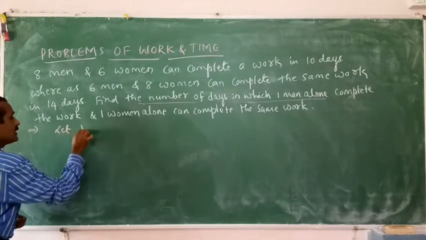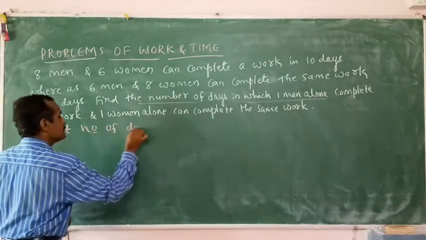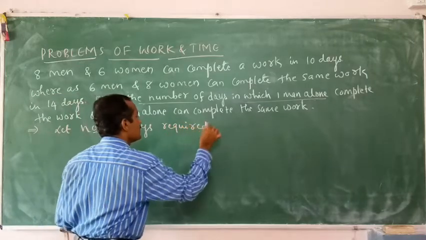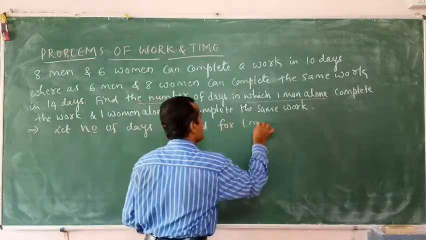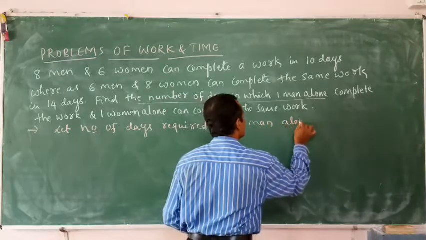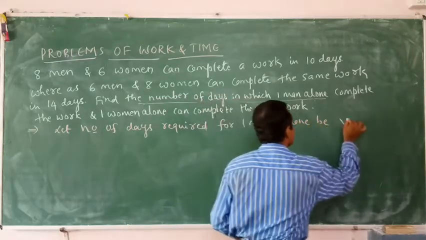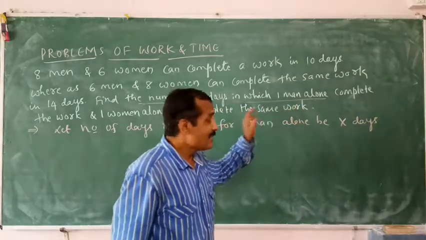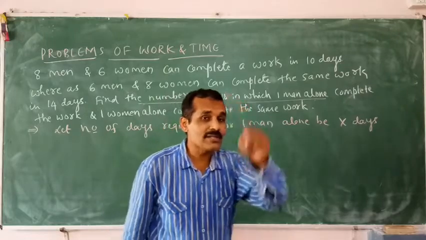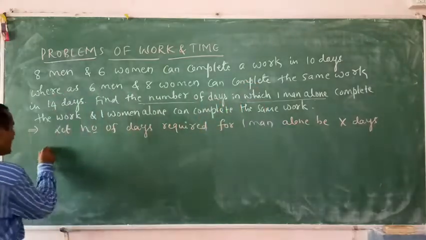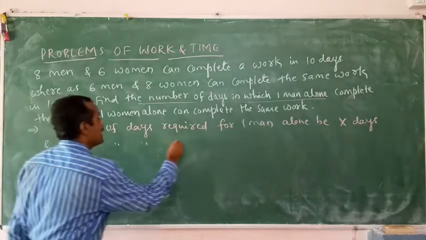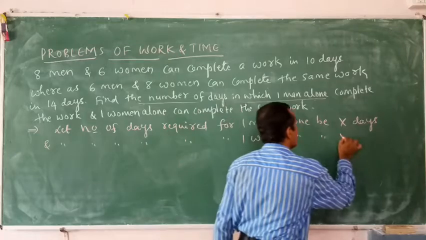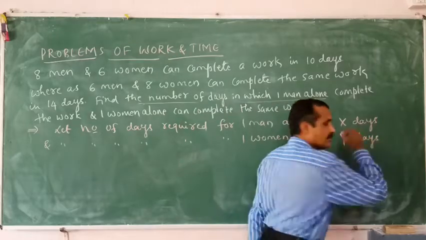Let the number of days required for one man alone be x days. How I will start? Let one man alone can complete the work in x days, and let the number of days required for one woman alone be y days.